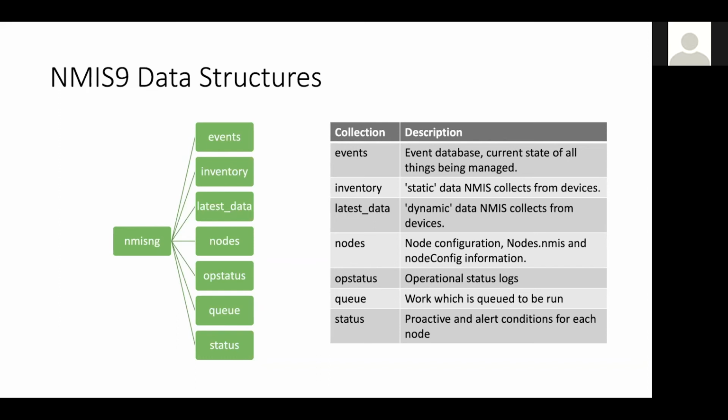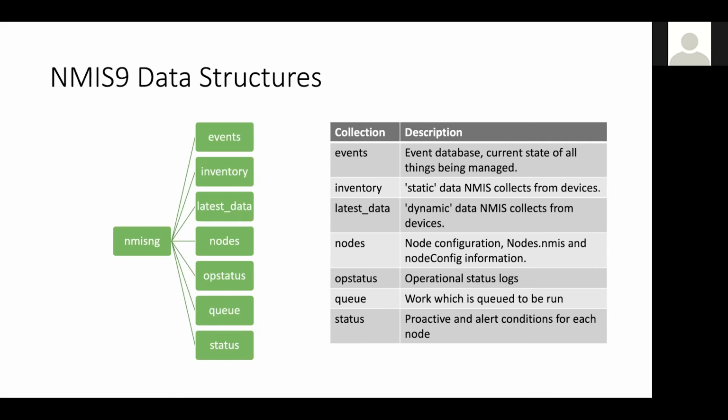So when I collect CDP neighbors, when I collect the interface list, when I collect that information about what the device is, what makes up the device, that's inventory. That's what we would call static or rarely changing. Static's not the right term, but rarely changing, relatively static information.